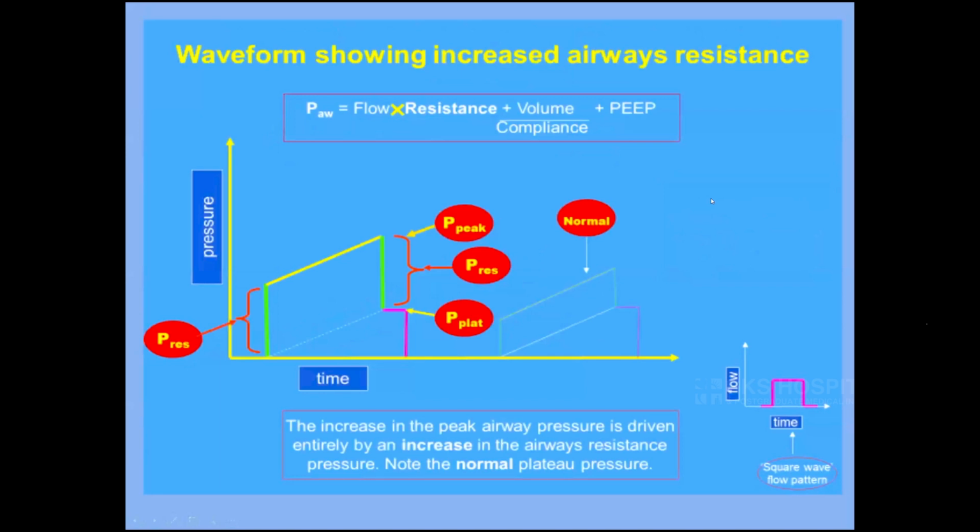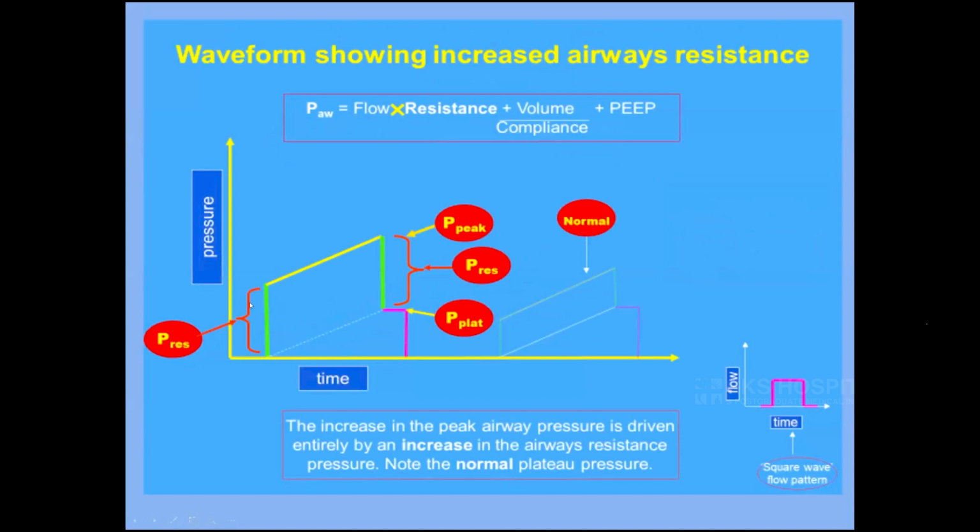So what if the airway pressure tends to go up for a multitude of reasons, be it bronchial asthma or a kinking tube? So the upper airway pressure is what we are trying to talk about.